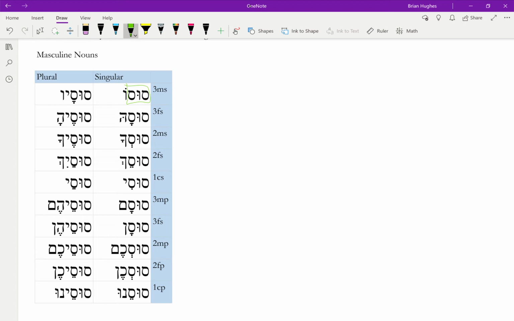Our masculine plural nouns, though, when the suffix gets added to them, take this yod construction, introduced by different vowels: a patach here, a shva, a segol here, a qamets here, a tsere here. This is related to the tsere yod ending of the masculine plural in the construct, and this is where it comes from, although it takes different forms depending on what kind of suffix is being added.